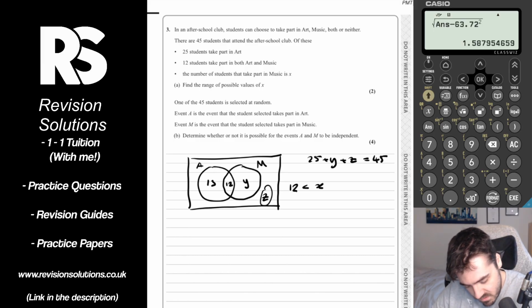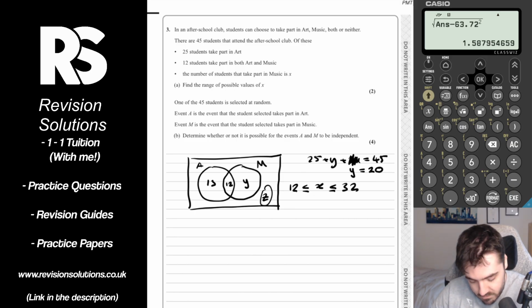So if none of them did nothing, then we would have Y. The biggest value Y could be would be 25, 45 minus 25, which would be 20. So then the biggest possible value we could have for people doing music would be 12 plus the 20. So that would be 32. And it could equal that. So X is greater than or equal to 12 and less than or equal to 32.